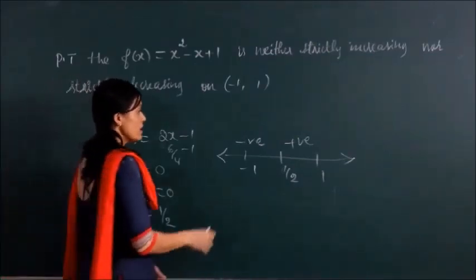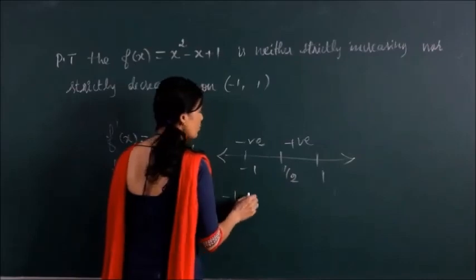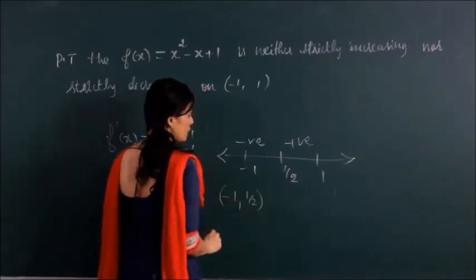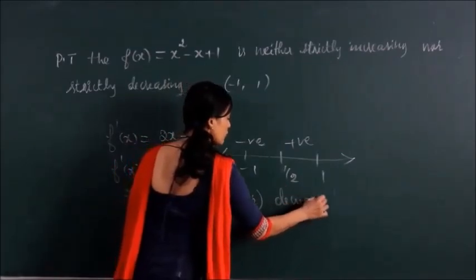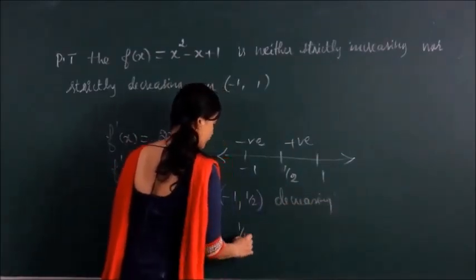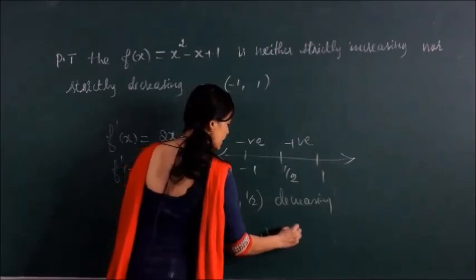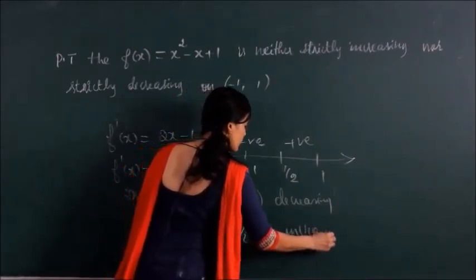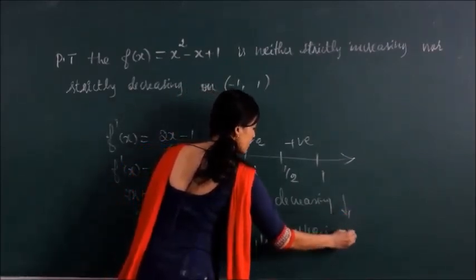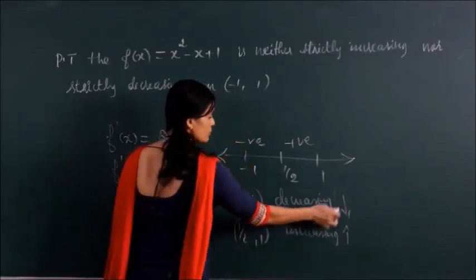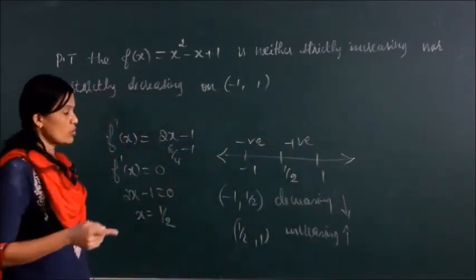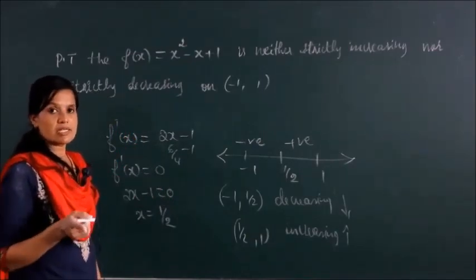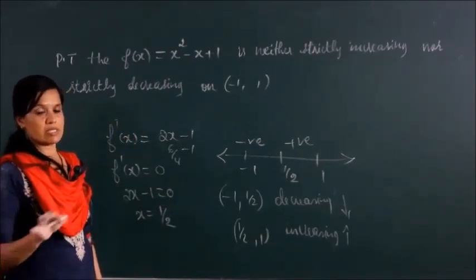So you have to write that in the interval minus 1 to half the function is decreasing, and from half to 1 the function is increasing. You can use the symbols for decreasing function and increasing function. Hence, in the interval minus 1 to 1, the function is neither increasing nor decreasing. This is your conclusion.